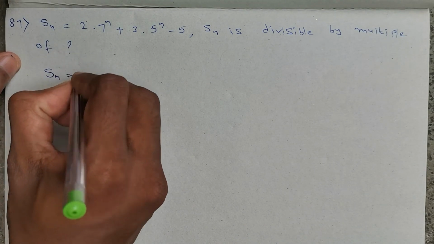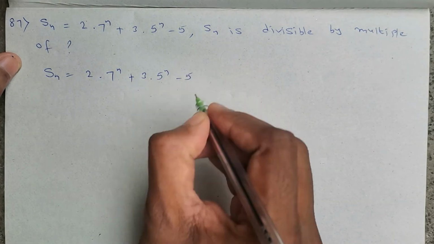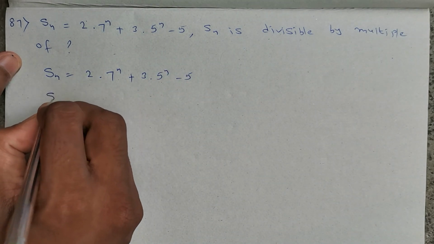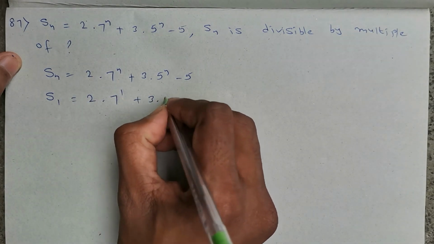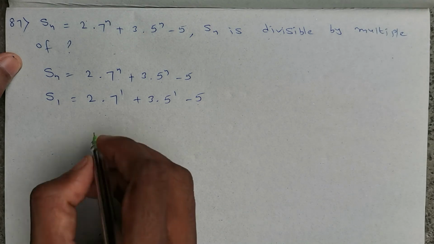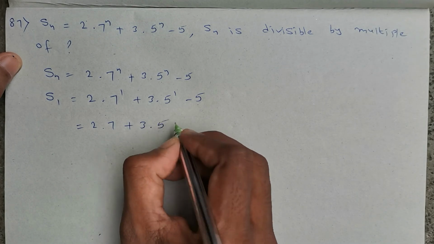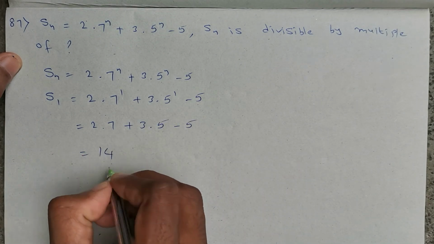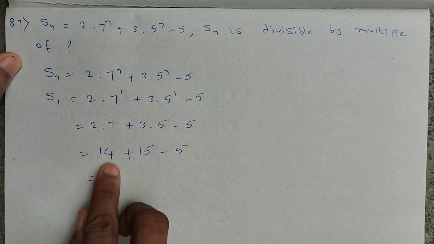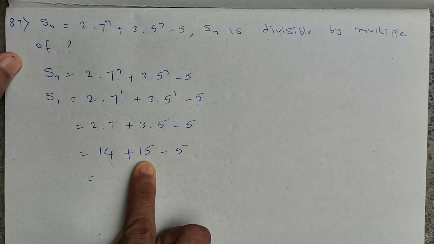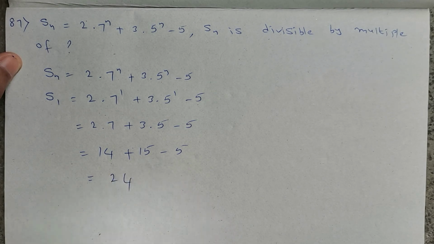In the place of n, I will substitute 1, which is equal to 2 into 7 power 1 plus 3 into 5 power 1 minus 5. 2 into 7 power 1 is 14 plus 3 into 5 power 1 is 15, minus 5. 14 plus 15 is 29, 29 minus 5 is 24.